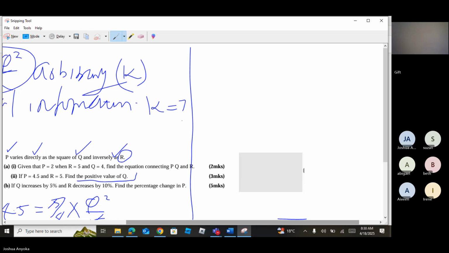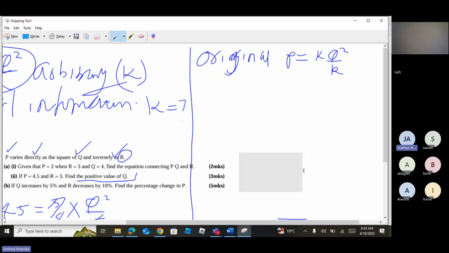We know that we have the original value of P is equal to K Q squared over R. That is the original form of P. Now, what will P be after the change?